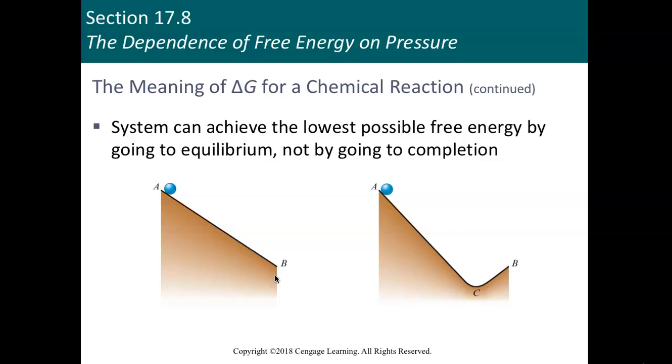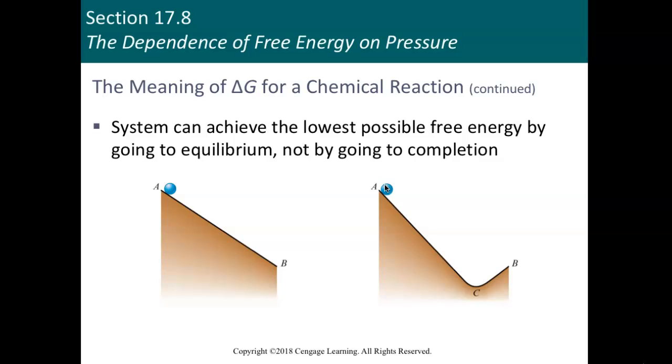Now, case number 2 would be a chemical reaction where B may have a lower free energy than A, but there may be a point that we call point C that's still even lower in free energy. So the ball may start at A, go to B, but eventually it's going to go back to C. So this would be like equilibrium. C would be equilibrium.